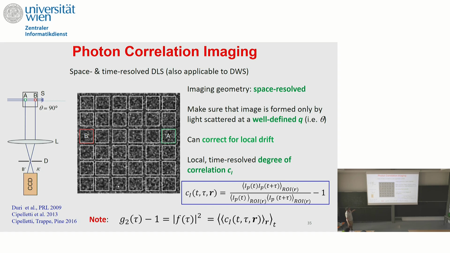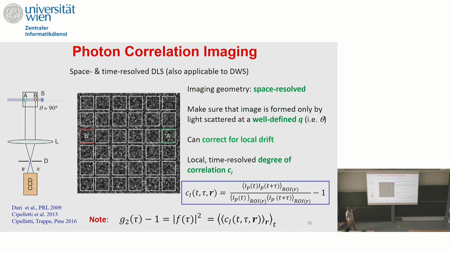Typically, you have to make sure that you are not mixing light scattered at different Q vectors because this is always bad, but that's easy to do. An interesting feature is that now if your sample is drifting like that, because you're making an image of a sample, you will see your speckle pattern also drifting like that. So you can pick up this drift motion, you can correct for it, you can measure it, you can do all sorts of interesting things with it.